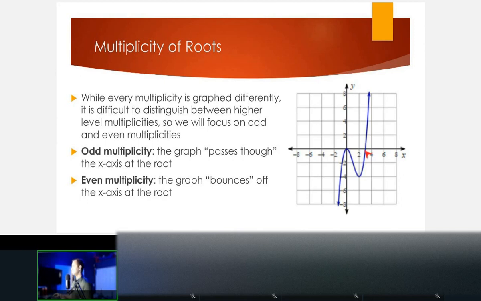So this would be an odd multiplicity, whether it's a 1, a 3, a 5, a 7, and so forth. So again, odd multiplicities will pass through the x-axis. Super important that you know that. I would definitely write that down. Odd multiplicities pass through the x-axis. You should know that after today.